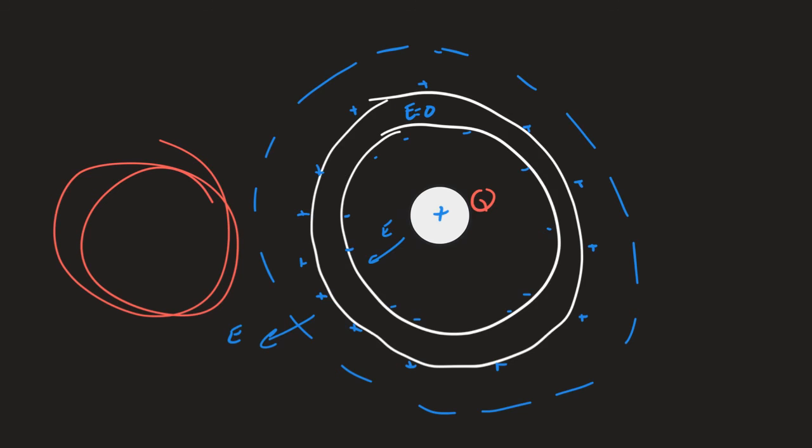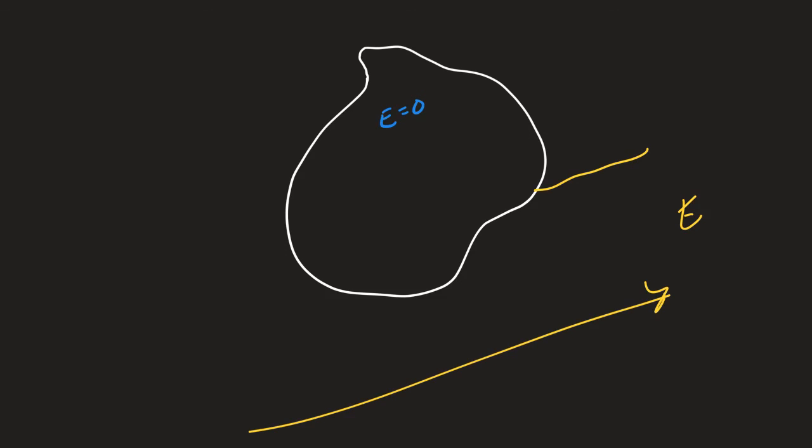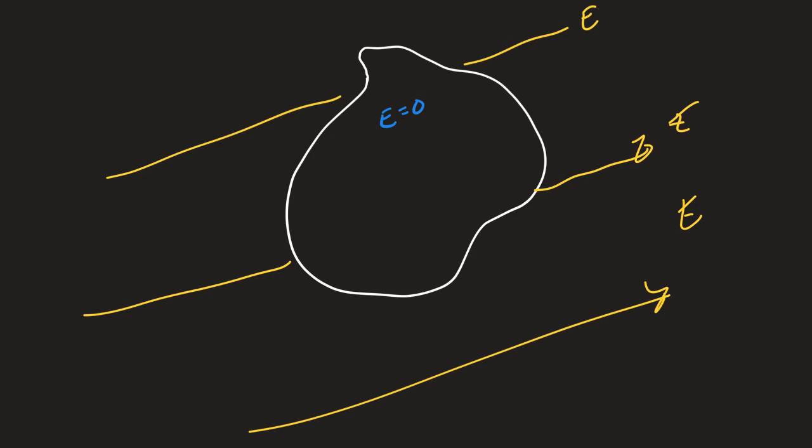Now, we know there's going to be a question that has some kind of irregularly shaped conductor. They're going to ask this question probably just to see if they can throw you. The electric field is still 0 inside of it, even if there's a massive electric field on the outside. So if you had some strong electric field out here, the electric field inside the conductor is still 0.